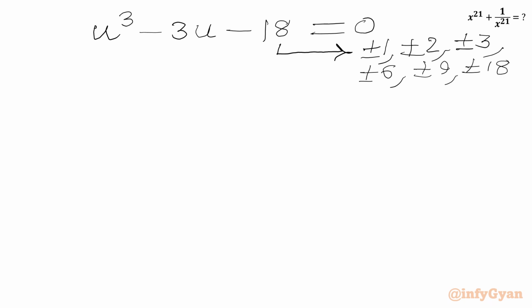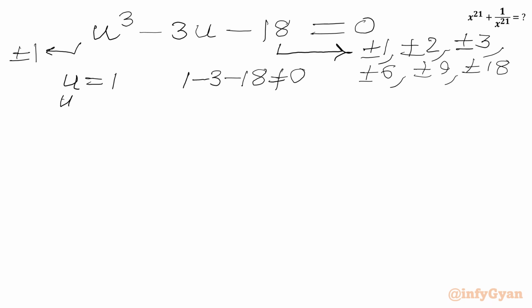Leading coefficient is 1, so we can write here plus minus 1. Now we have to consider the ratio of constant to leading coefficient factors. If I plug in u equal to 1, let's check whether it will satisfy our equation or not. So 1 minus 3 minus 18, no, it won't.